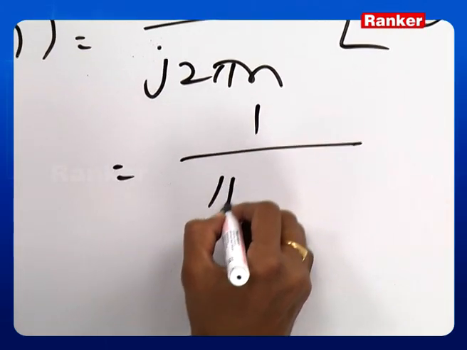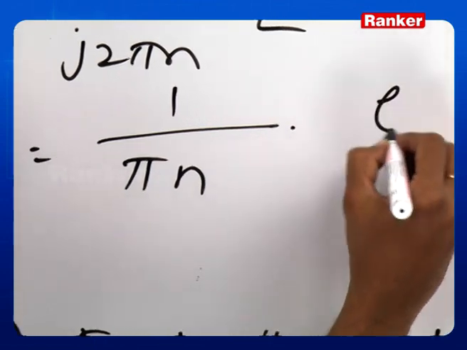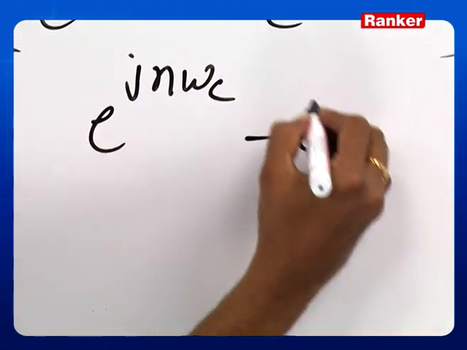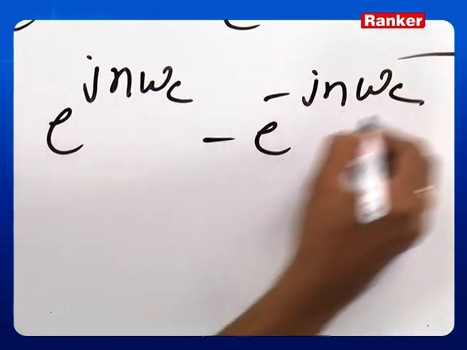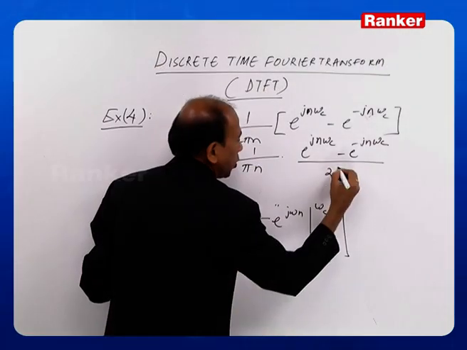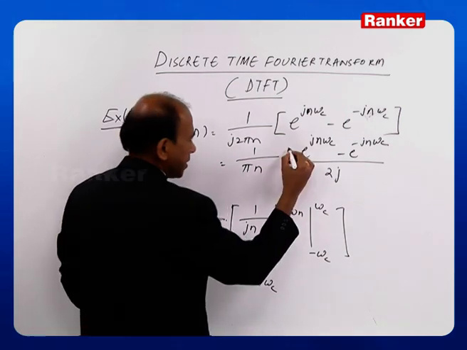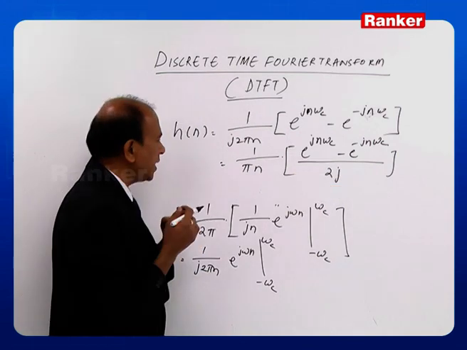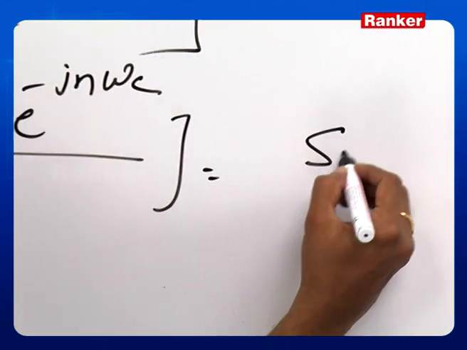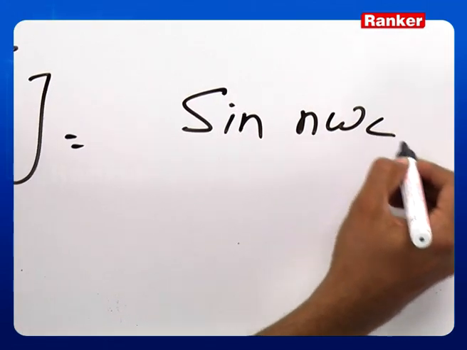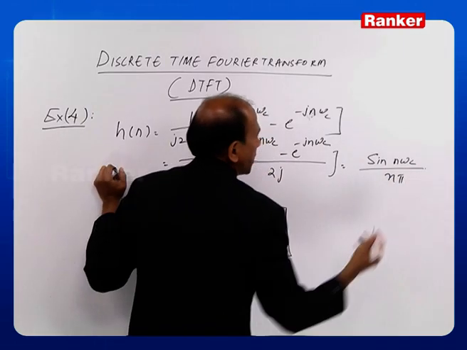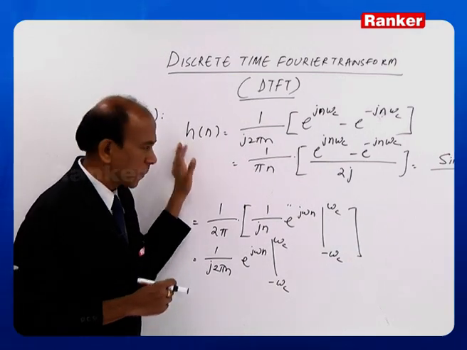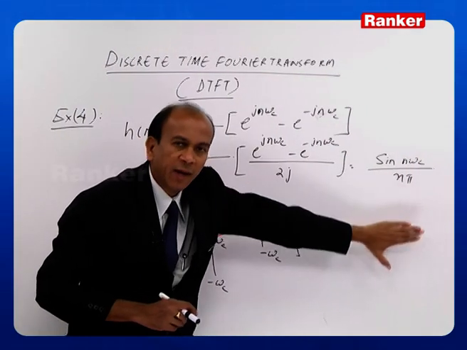So, that will be equal to 1 by pi n times e to the power of j n omega c minus e to the power of minus j n omega c, divided by 2j. So, this is nothing but sine n omega c. So, I can write this as sine n omega c divided by pi n. So, this is our value for h of n, that will be equal to sine n omega c by n pi.